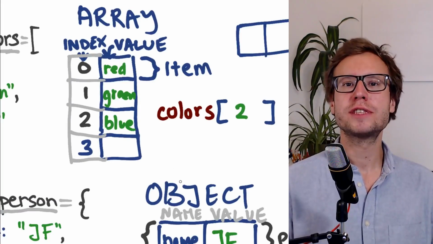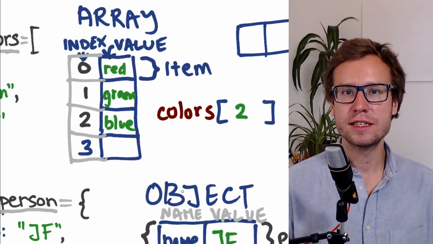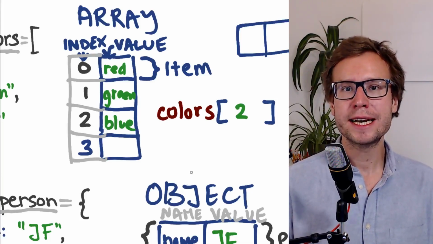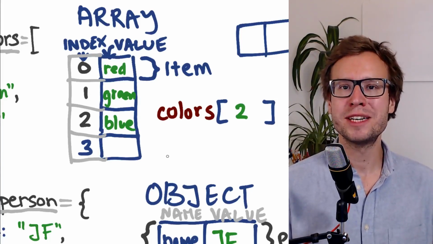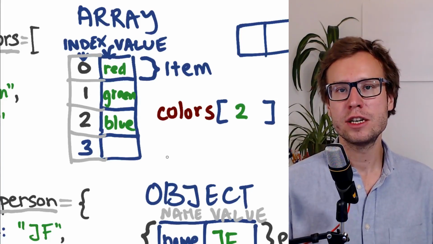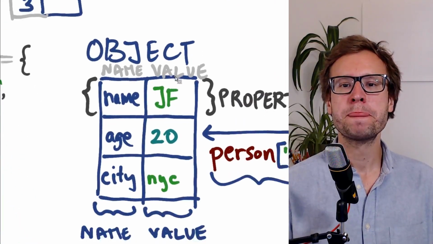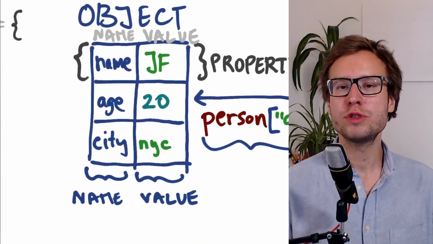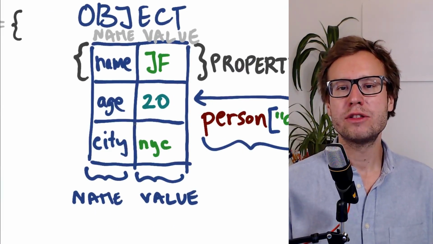And it's really useful to have that in your mind when you're working with these kinds of values. Why? Because it helps you visualize what's going on when you're manipulating these data structures. When you're adding, removing items, when you're manipulating the properties. It's also useful to have the right names.